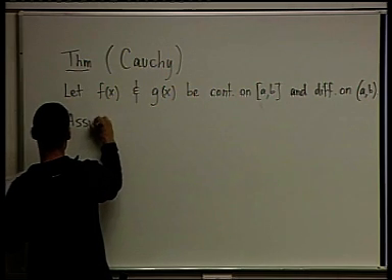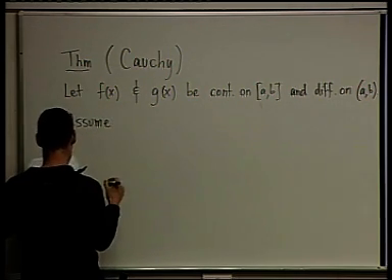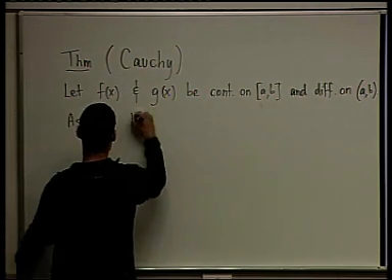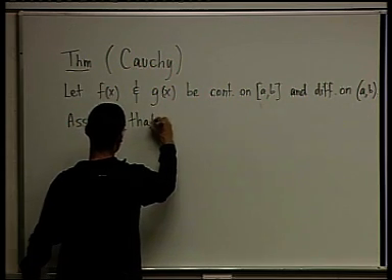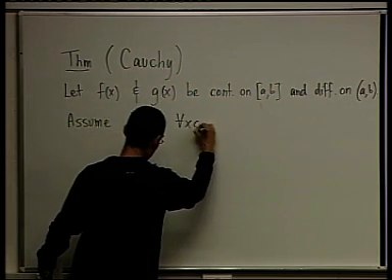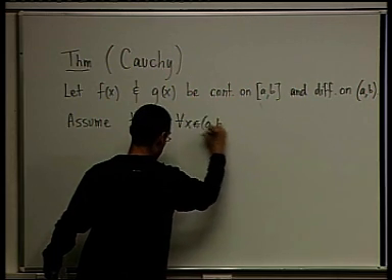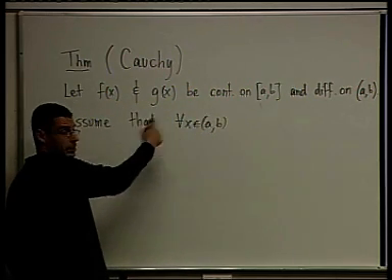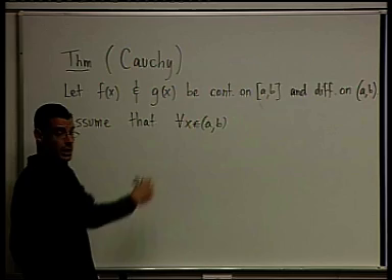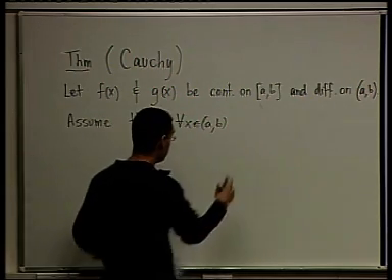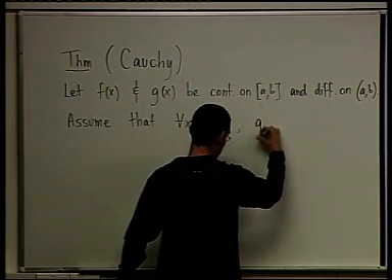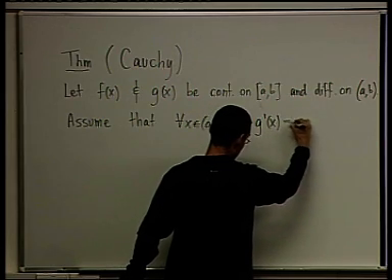Assume, so here there is some more data. Assume that for any x in the interval (a, b), see, we're already starting to speak math, right? For any x in (a, b), the derivative of g at x is not 0.